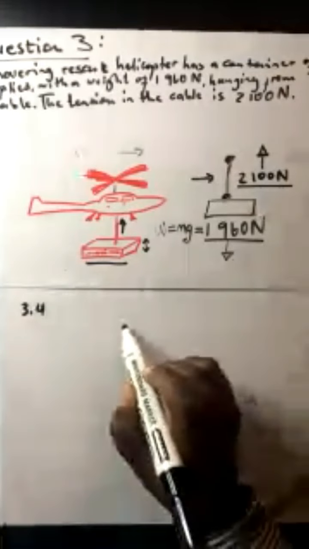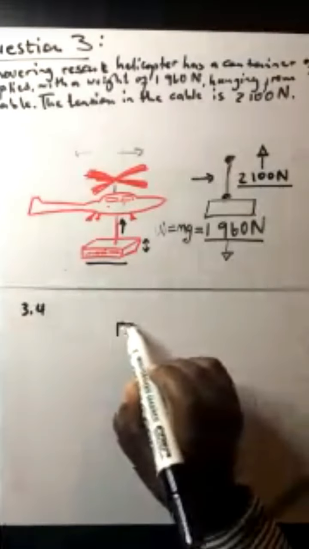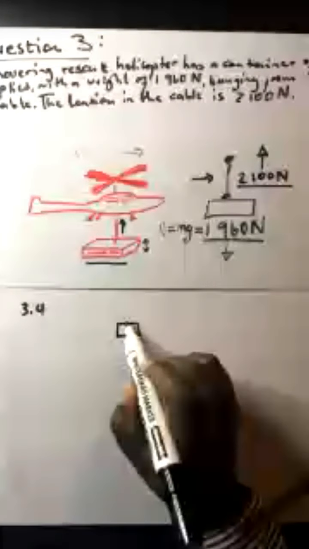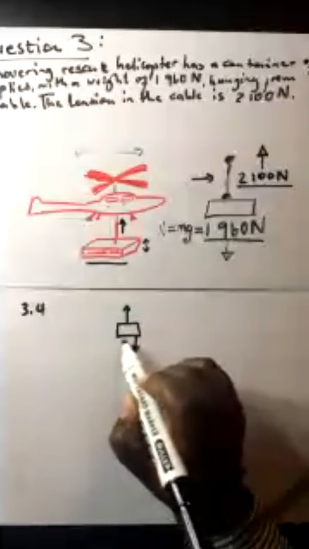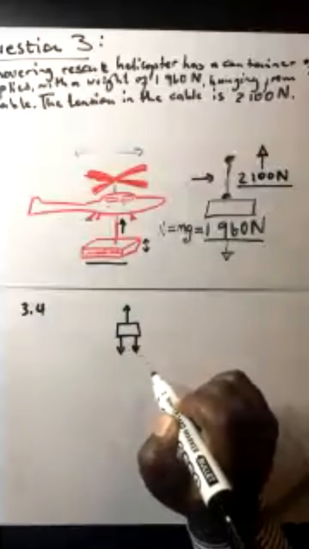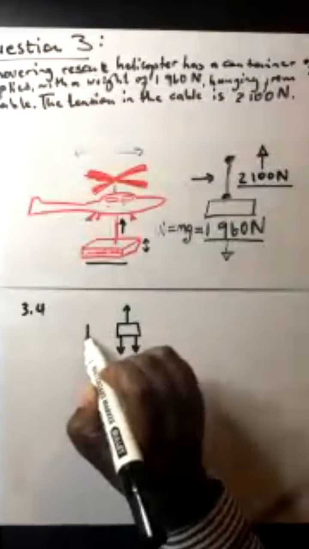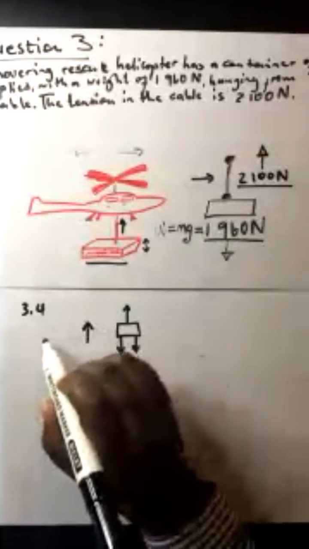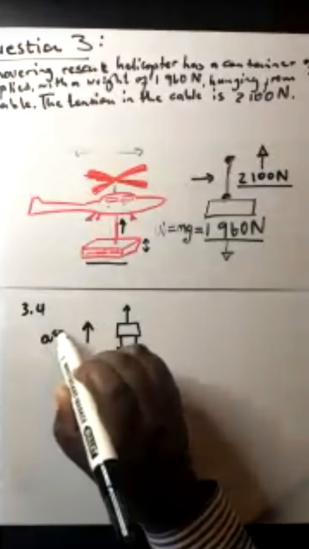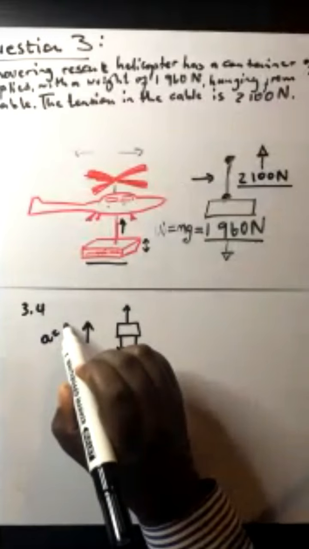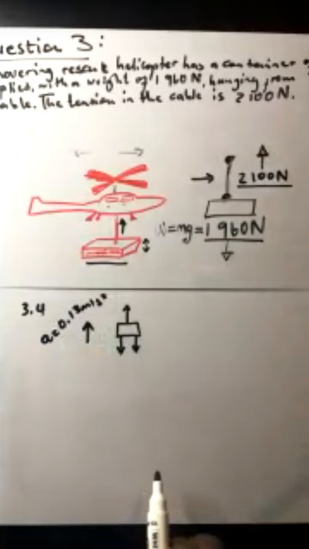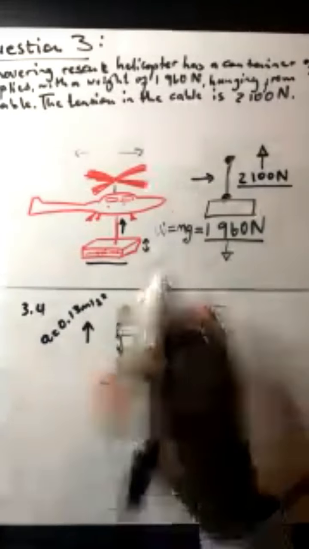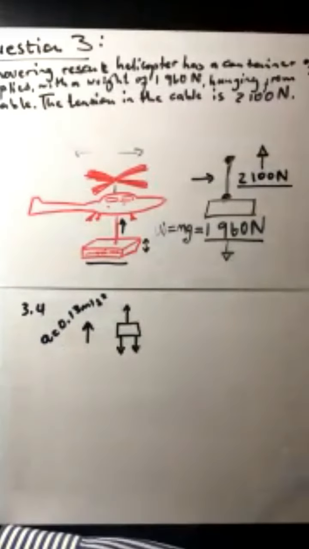So can you see, guys, something is now happening to that container. Remember, we've got that tension, we know we've got the weight, and again, we've got frictional force. But they are saying this thing is now starting to move upwards at an acceleration of 0.13 meters per second squared.